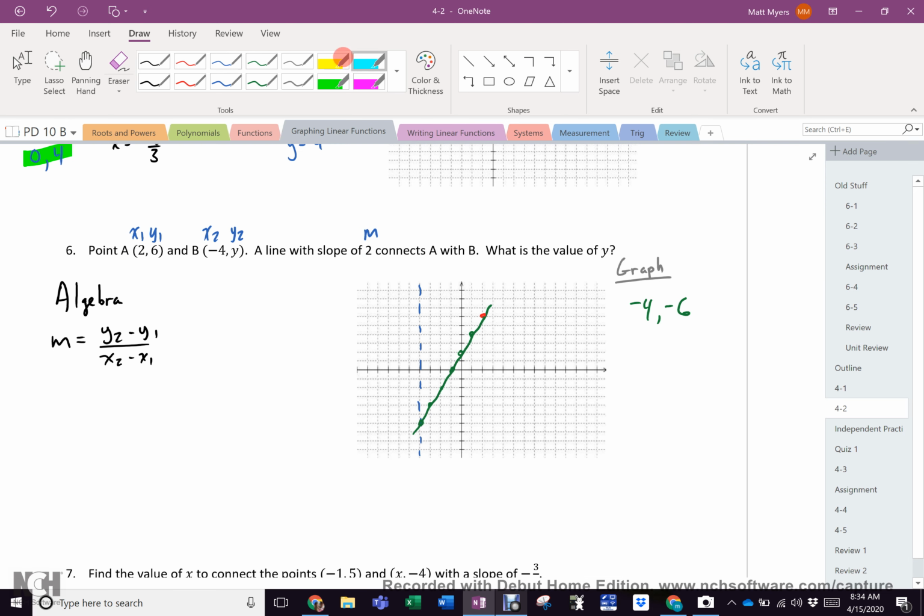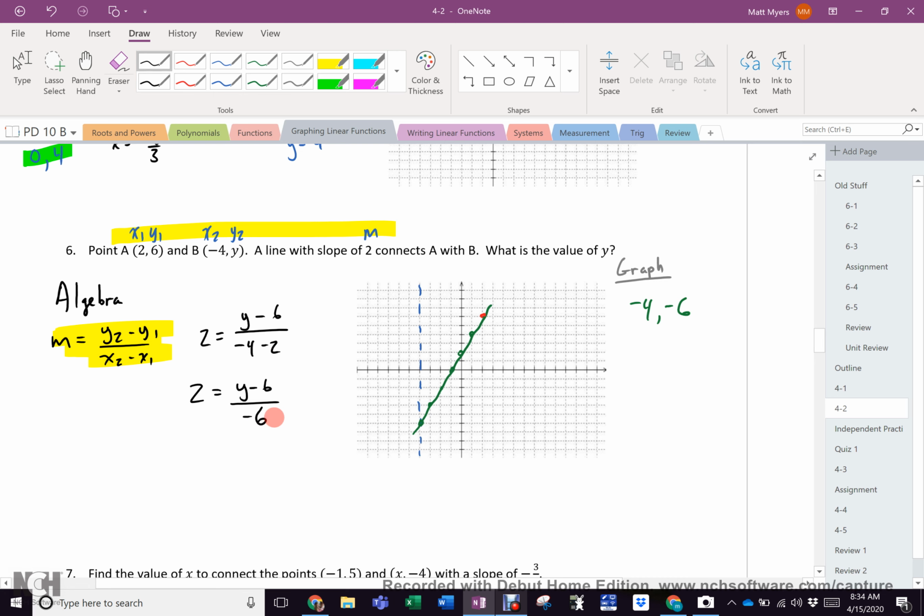Can I use that to fill in there? Of course I can. 2 equals y2 is y minus y1 is 6 over x2 negative 4 minus 2. 2 equals y minus 6 over negative 6.